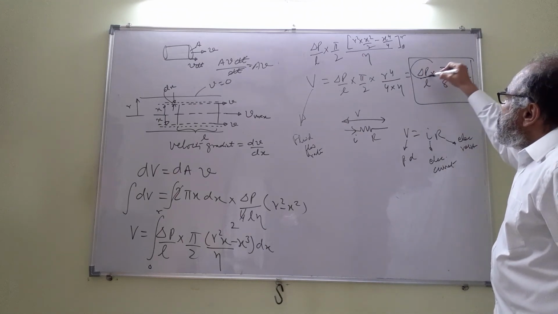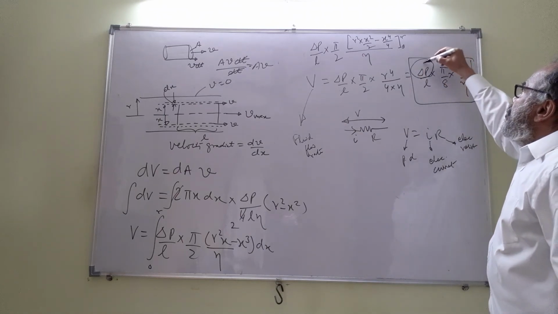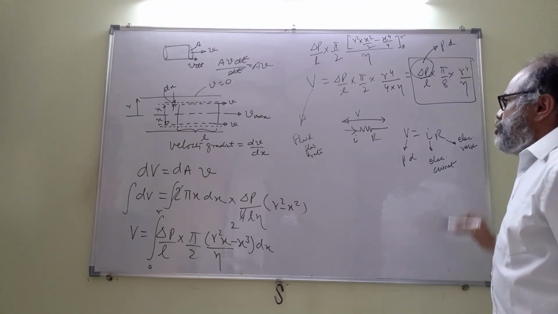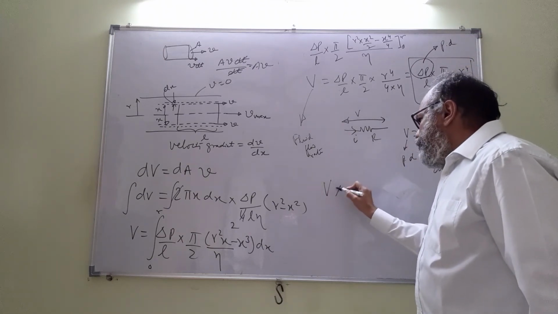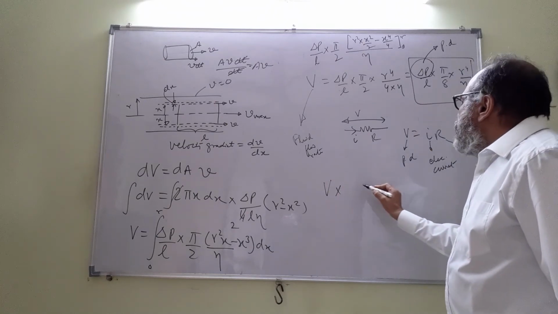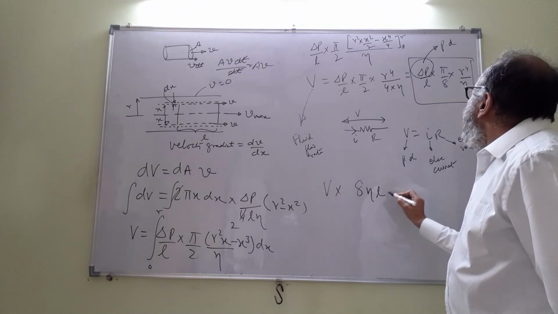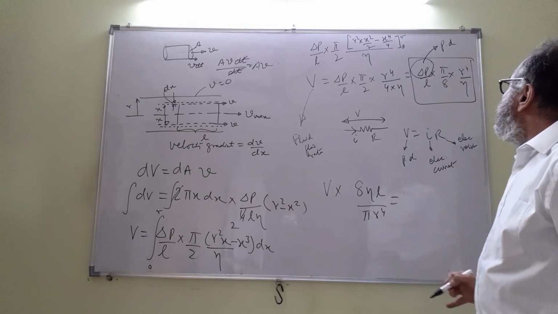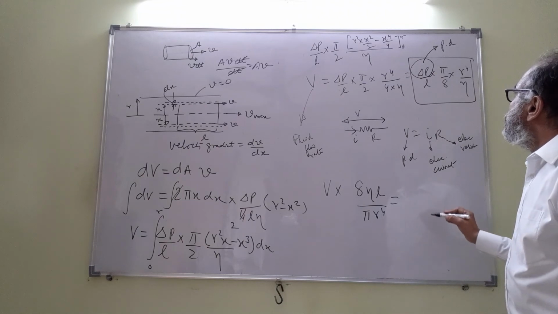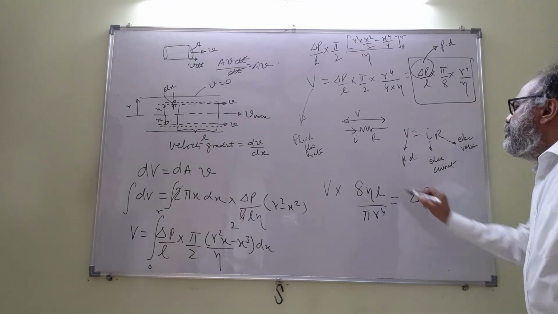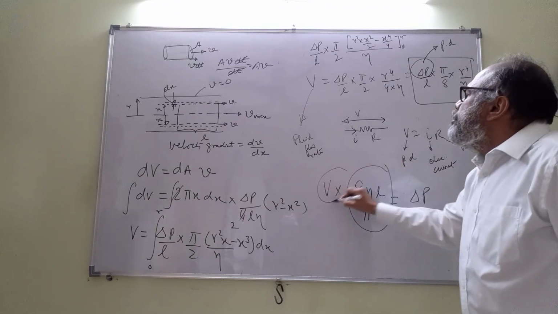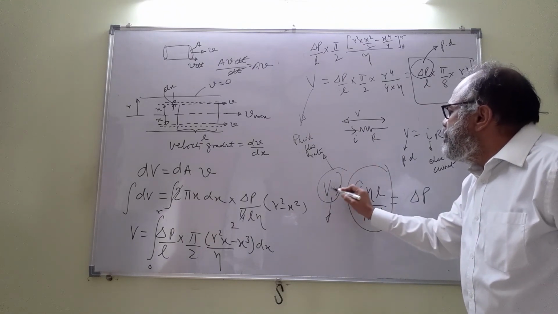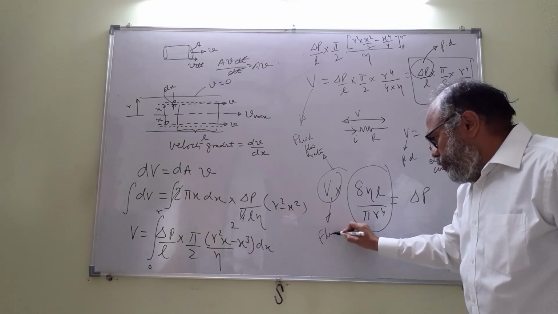Here, delta P, the pressure difference, is like the potential difference. So if you rearrange this, you have V into 8 eta L by pi r to the power of 4 equals delta P. The volume flow rate V is the fluid current.